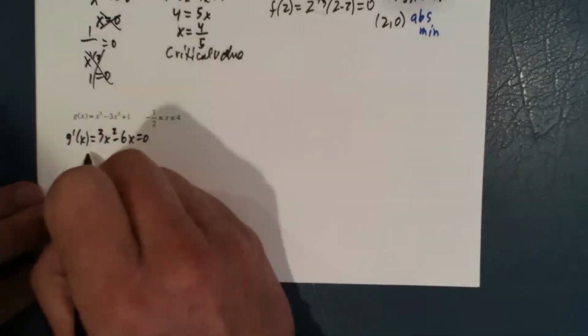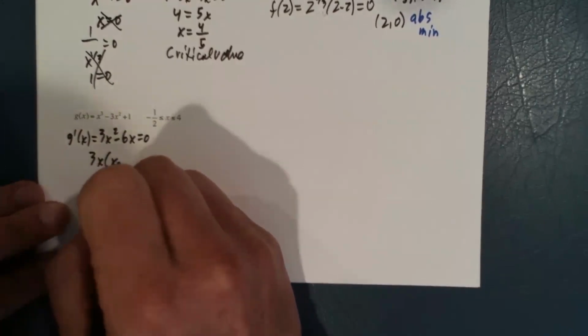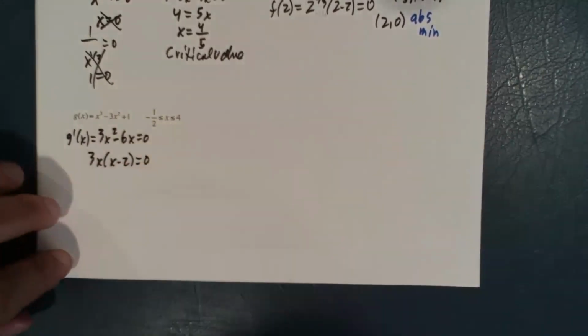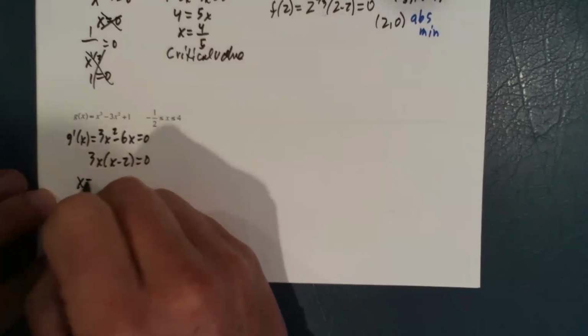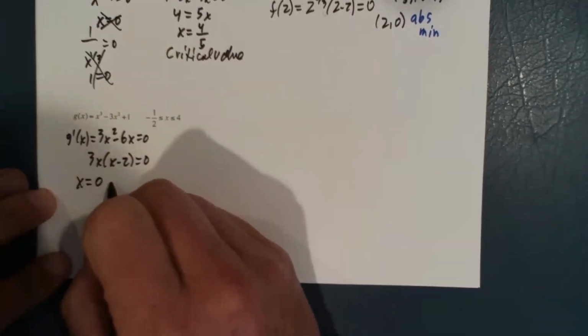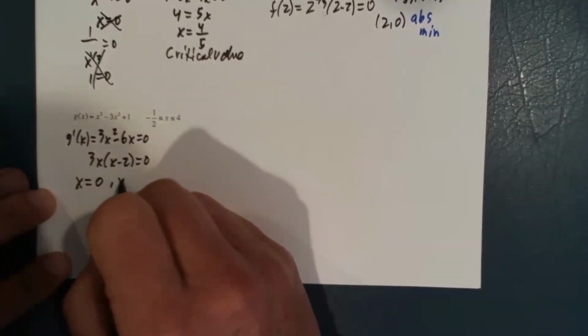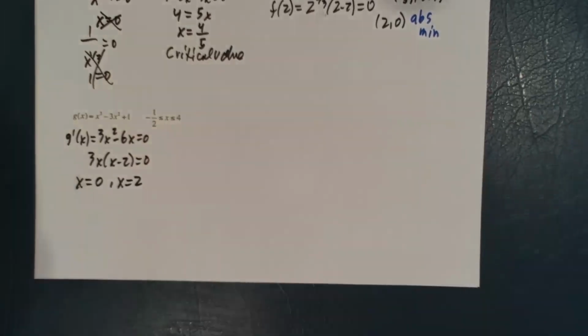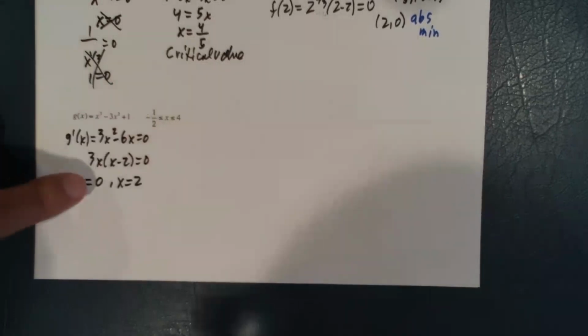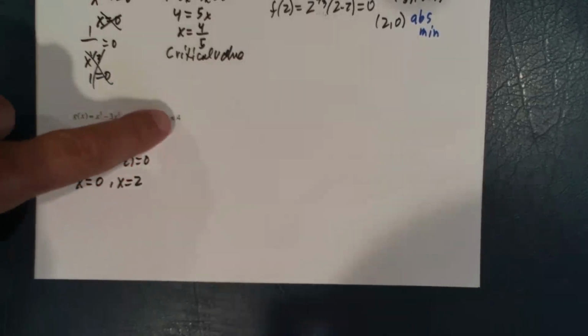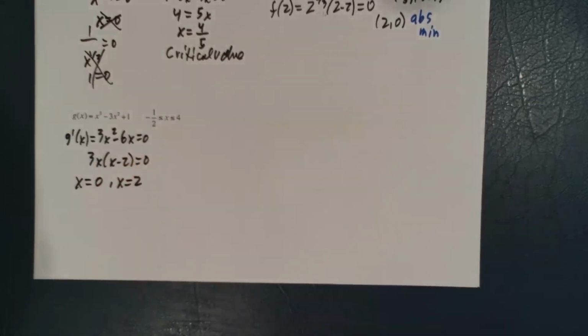I'm going to factor out a 3x. And it looks like we're going to have critical values at x equals 0 and at x equals 2. So we are going to have to test out -1/2, 0, 2, and 4. And whichever y value is the largest and the smallest, those are our extrema.